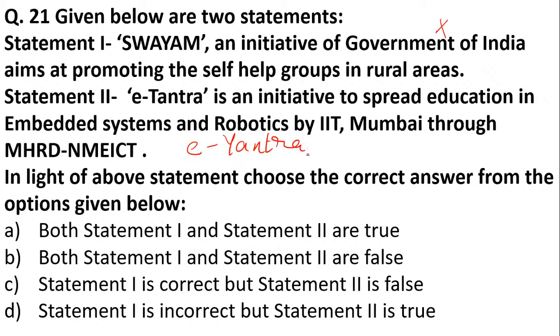So here in this question, both the statements are false. C is the right answer, okay? B is not the right answer. C is the right answer. Oh, I'm sorry. This is the correct answer, B, because both the statements are false.